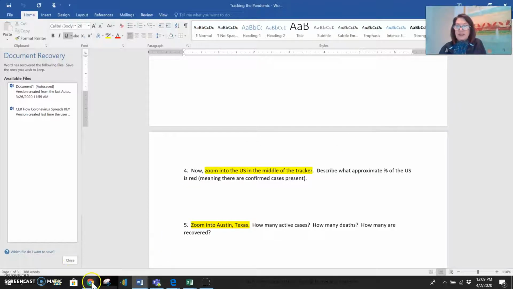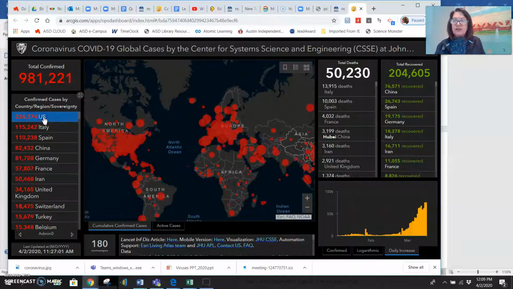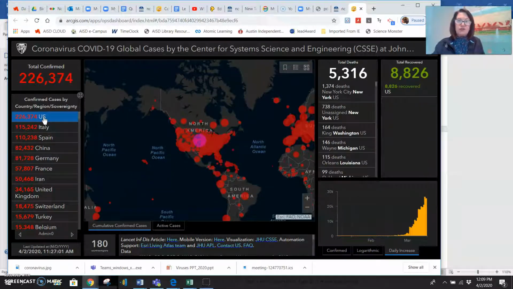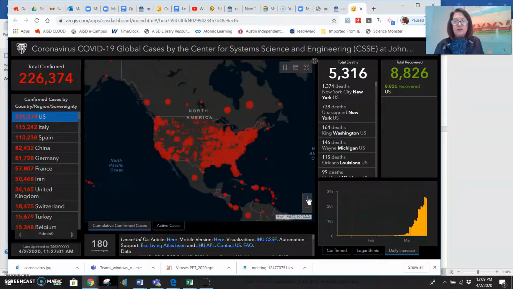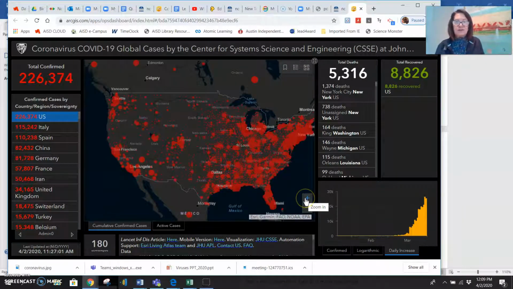So I'm going to go back, and here is the United States. Instead of zooming in, I could just click over here on the United States, and it's going to go to it, and then I'm going to zoom in with this plus sign down here. You have plus and minus.